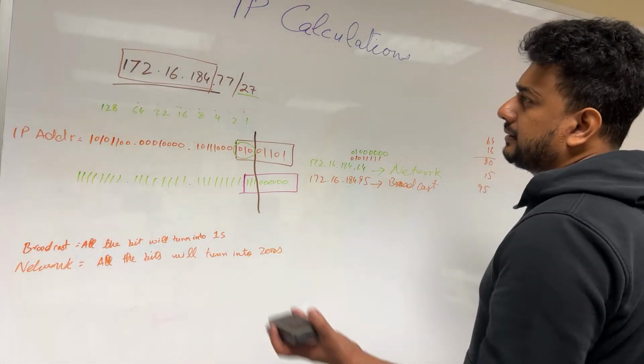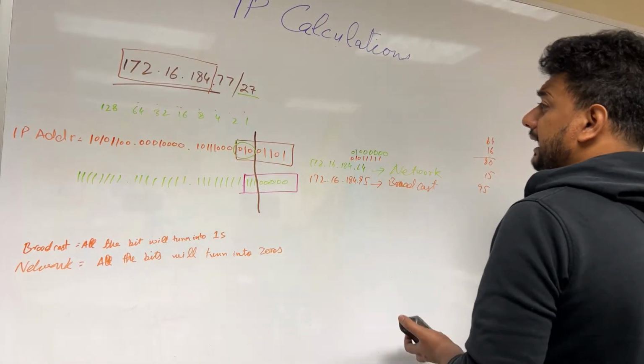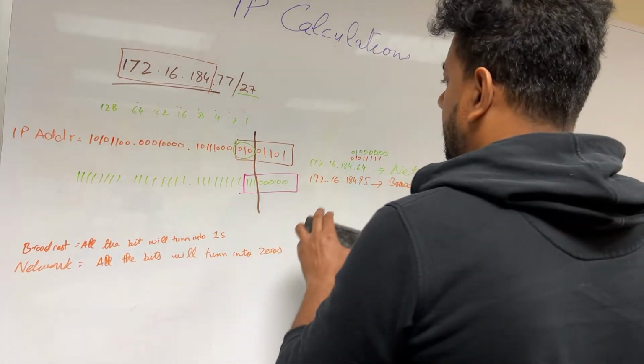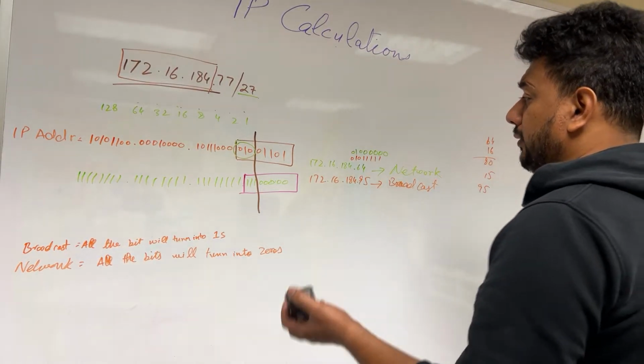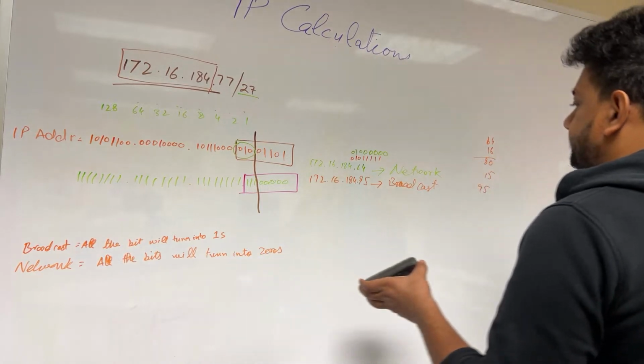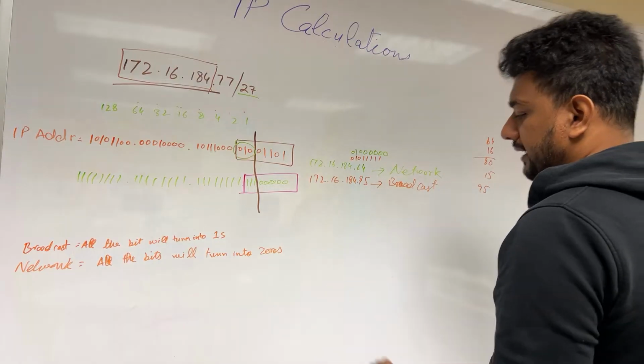So we did /27 subnetting, and we took the network address and the broadcast address, so that way we can get all the usable addresses as well.